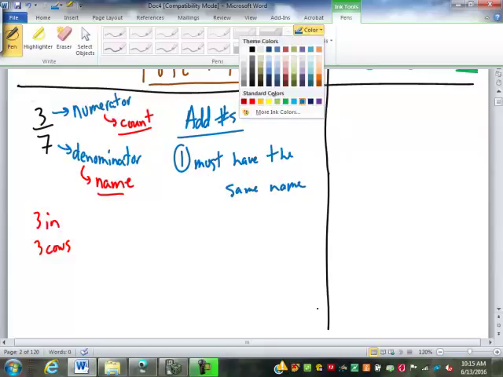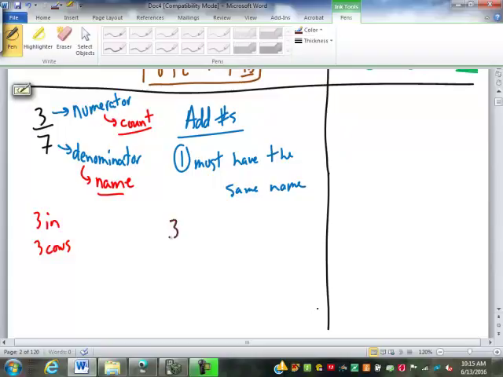So what that means is if we're going to add fractions, I can add 3/7 to 2/7 because they have the same name. Back in about 3rd or 4th grade, when you first started working with fractions, that 3rd grade teacher pounded: when you add fractions, you must have a common denominator, same name.